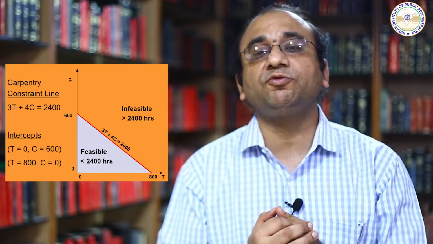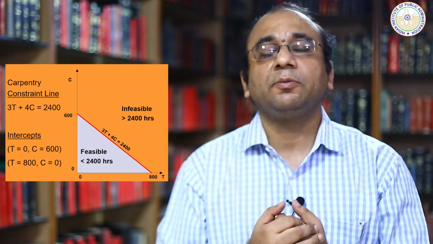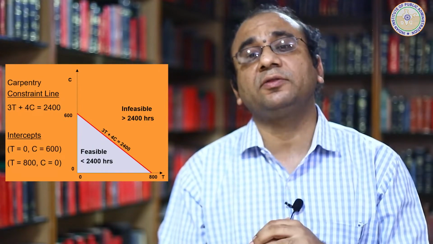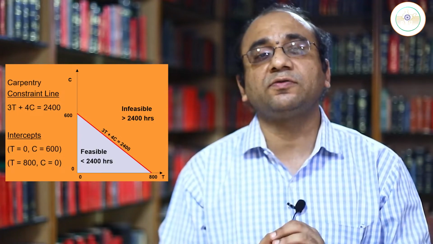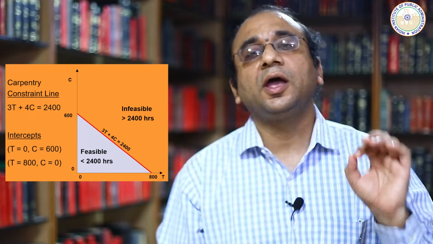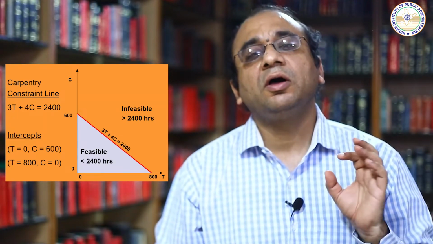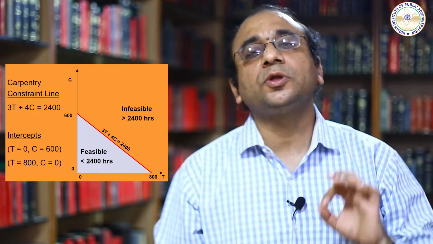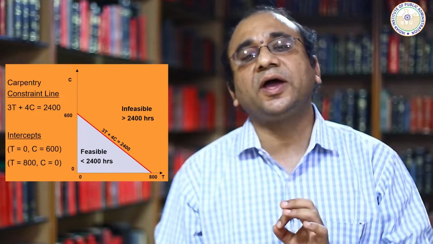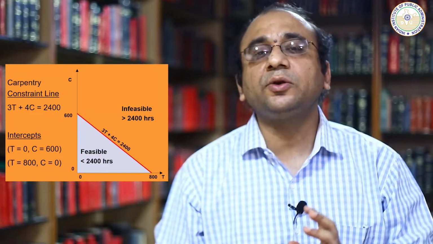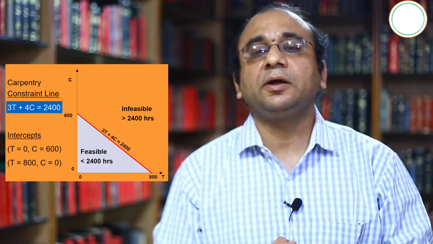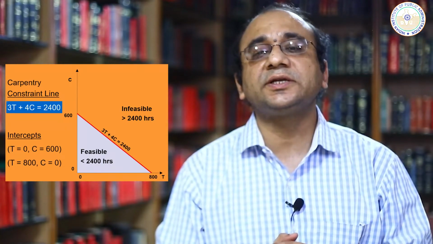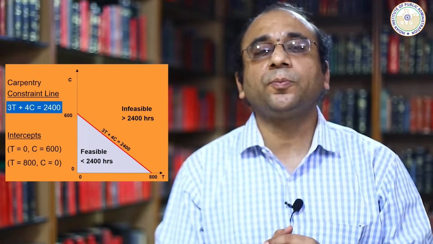How should we identify the feasible region? The easiest way is to write your equation and take the extreme values on both the x-axis as well as the y-axis. If I put the extreme value on both ends, let's take 0, 0, we are not going to produce anything.